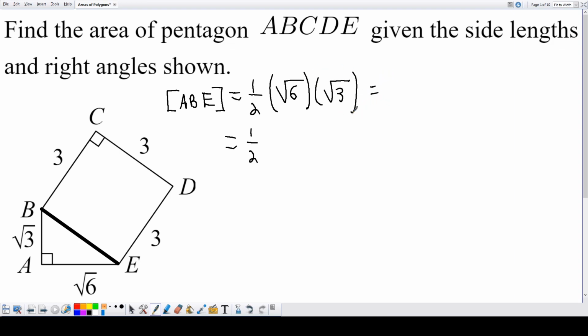But another way we could look at it is the square root of 6 is really the square root of 2 times the square root of 3. And we have this extra square root of 3 here.